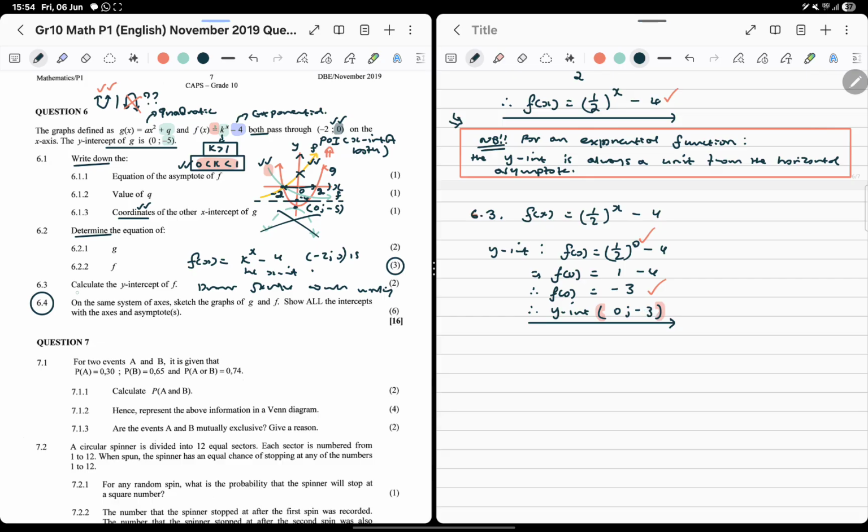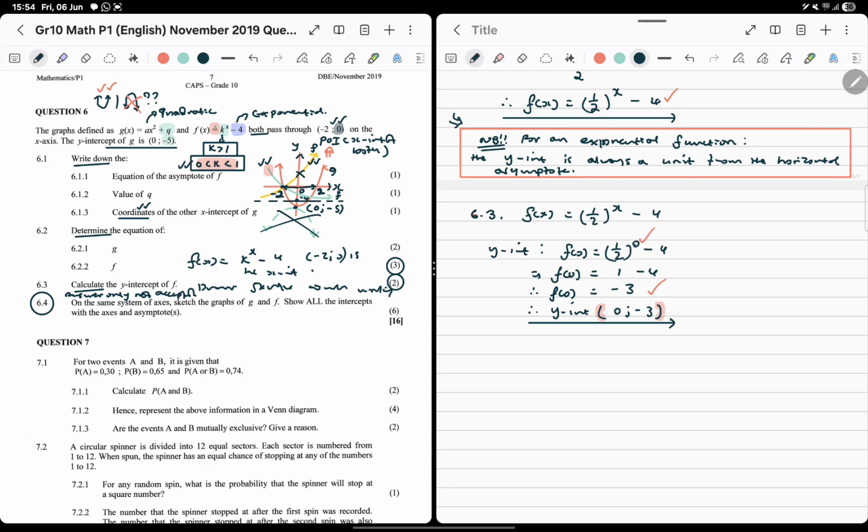But the question said calculate. In fact, answer only here is dangerous. Even though this is 2 marks, you cannot give an answer only. Answer only not accepted. Because we need to show a calculation.